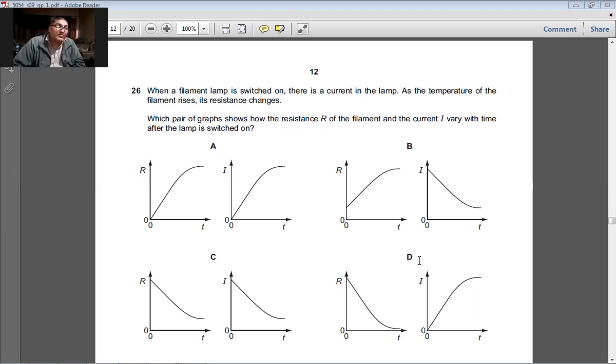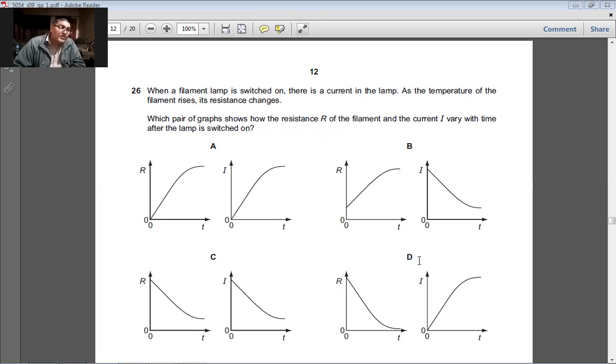When the temperature rises, the resistance also rises, so the graph should go upward. So it means that C and D cannot be the answer. The resistance increases with the increase in the temperature. And for the second graph, temperature and current, as the temperature goes up, the resistance will increase, so the current coming from the battery will decrease.